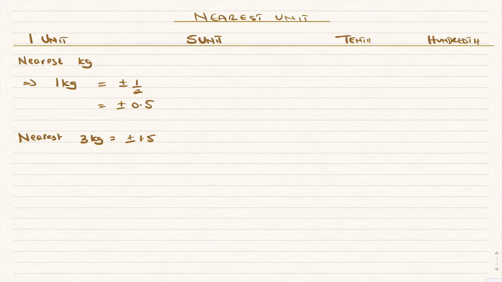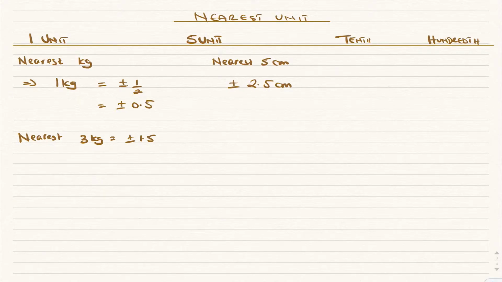So you always divide the number by 2, and that will be plus or minus your bound. So that's what I meant by 5 units. And nearest 5 units will be nearest 5 centimeters. Well, that means your bound would be plus or minus 2.5 centimeters.